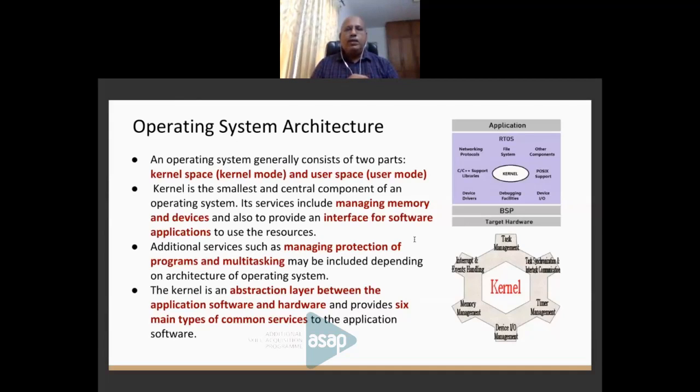But from the 286 onwards, and even the latest ARM processors, everybody has privilege modes in the microprocessor. So that means for the kernel, the microprocessor gives all privileges, so it can execute every instruction in the microprocessor. But in user space, you will have only limited access to the microprocessor resources.